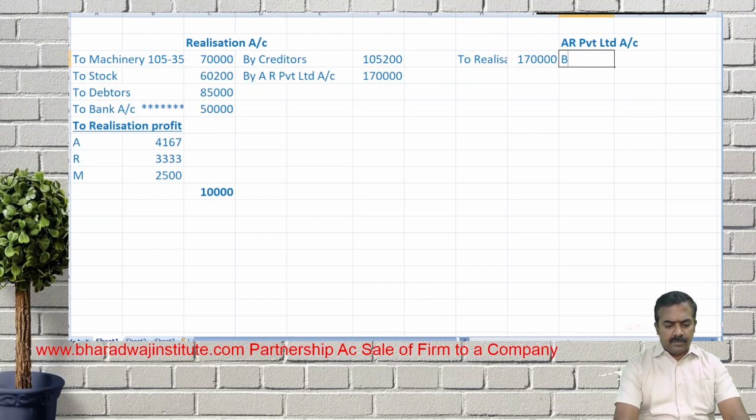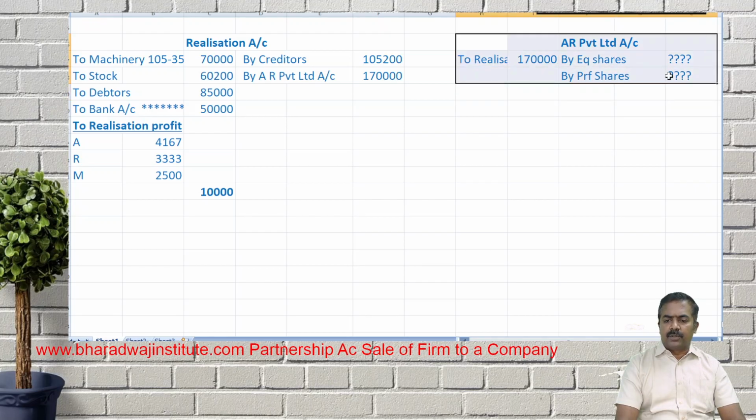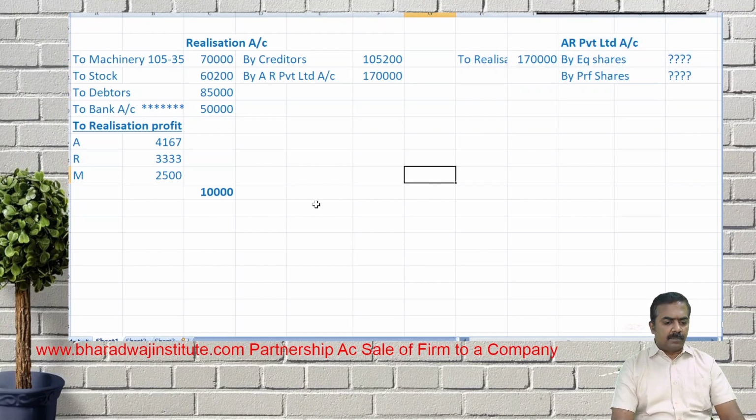Out of this, how much is by equity shares and by preference shares? This component we have to decide later. We can do this only after preparing which account? Capital account. Only after seeing the surplus capital can we put it. Please remember the cash is also taken over. No cash is left with us.